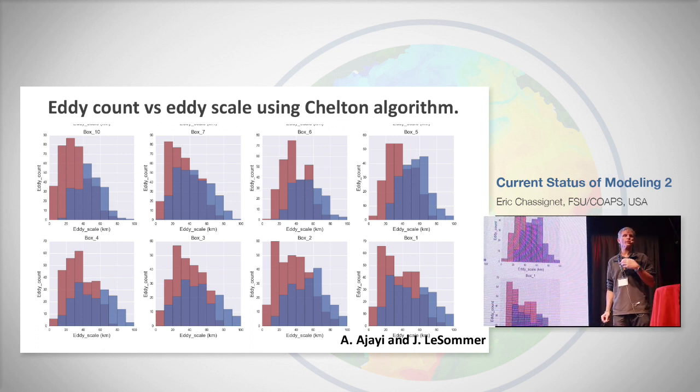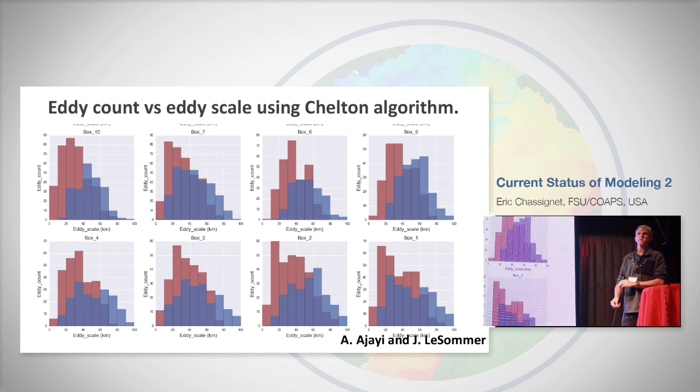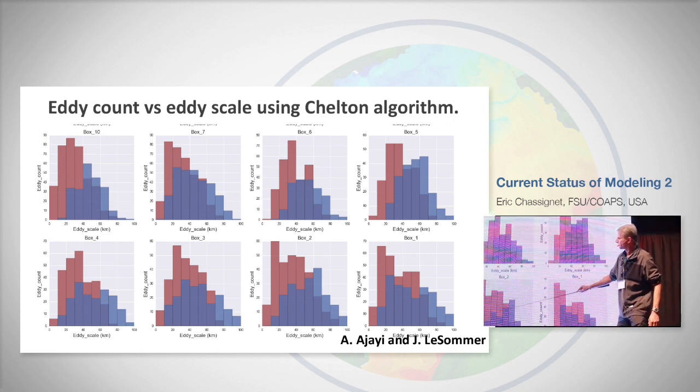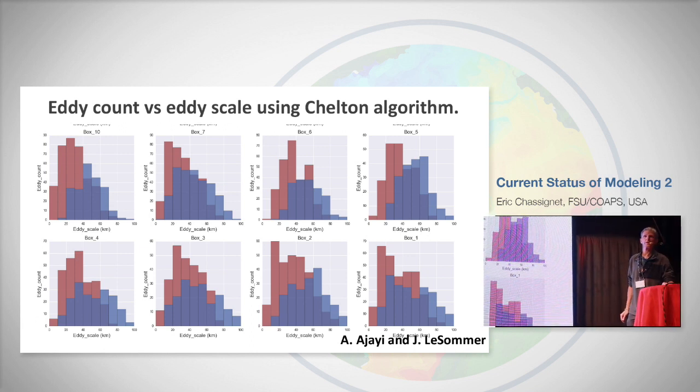My personal interpretation, which Eddy is going to look at in more detail, is that I think it has to do with the way the scale selection is done in the subgrid-scale closure, but that's an open question. But you see it's pretty drastic. I mean, you see a lot of smaller-scale eddies versus more mesoscale in the HYCOM.